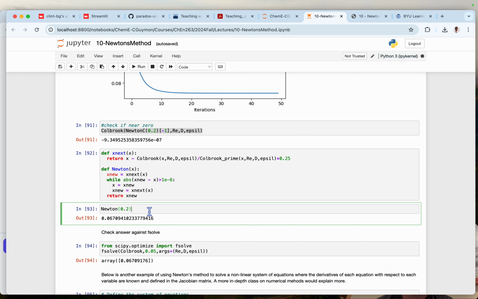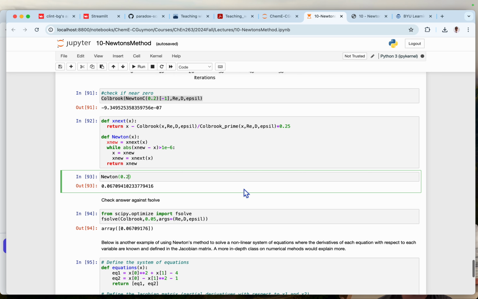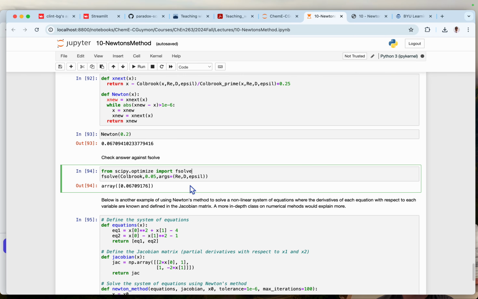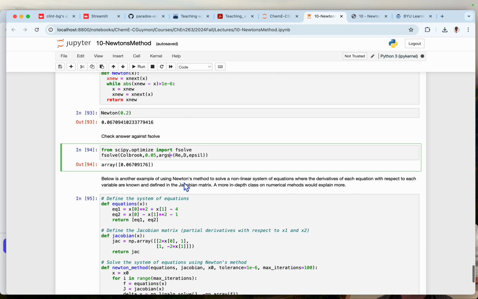So you can see right there, if I do my Newton with 0.2, with also my modifier of a quarter of the step size from the derivative in Newton's method, I can check that answer with fsolve, and there's my fsolve there using the arguments, and I get the same answer. So that's great.